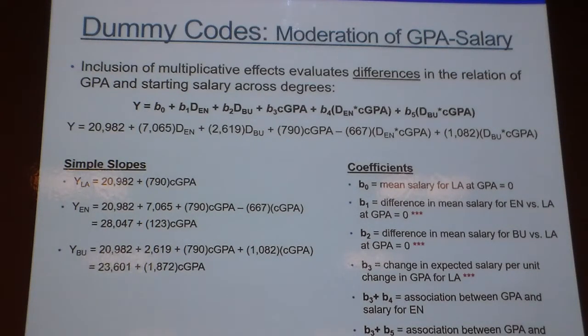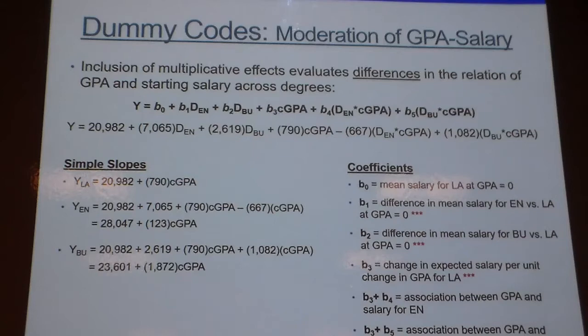My moderator, right? Because what I'm interested in is the relation between GPA and starting salary at different types of degrees. So your conditional relation is always your base relation. Your moderator is the thing that we're going to be changing around. In this situation, with this dummy code, my coefficient for GPA is always going to be my simple slope for whatever my reference group is.